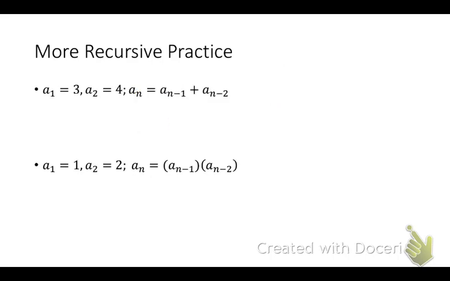The next one goes back to Ella's question as far as do we not worry about the minus 1, or where does that come into play? In this case, we're going to look at the previous two terms and add those together.